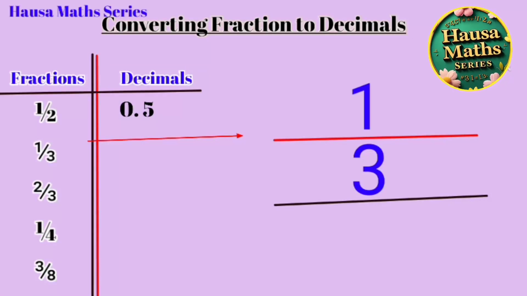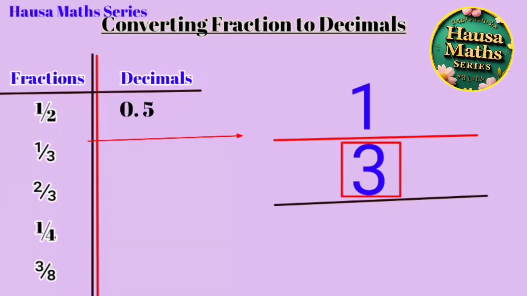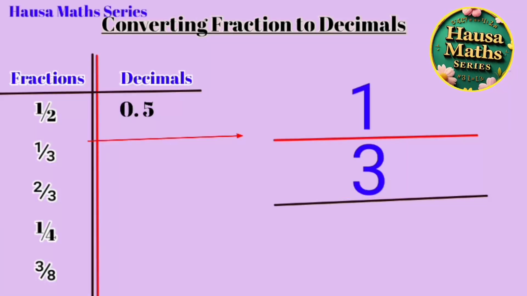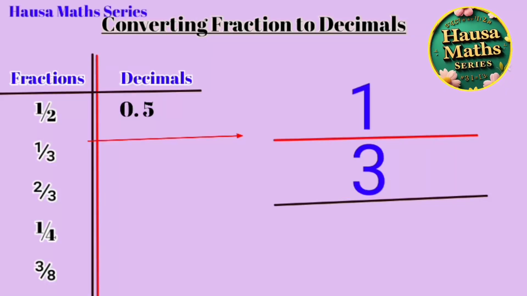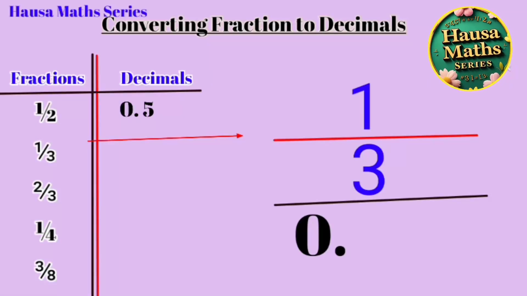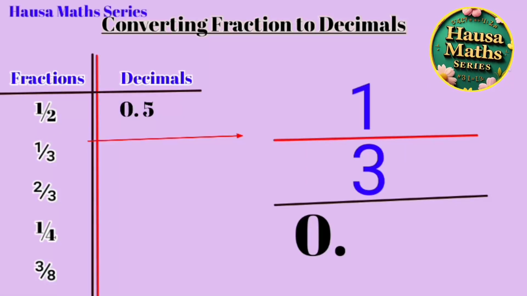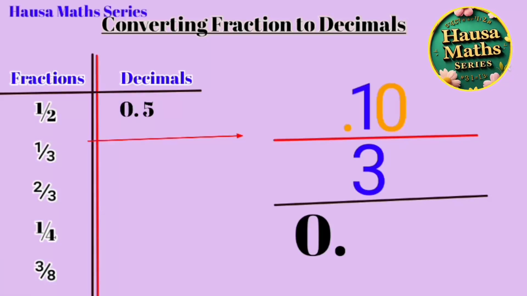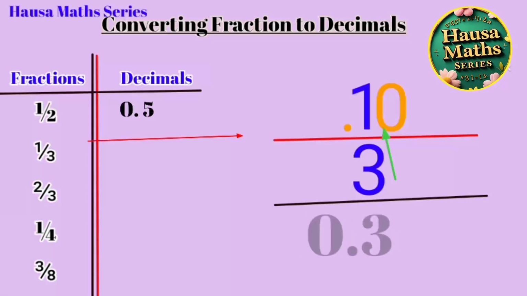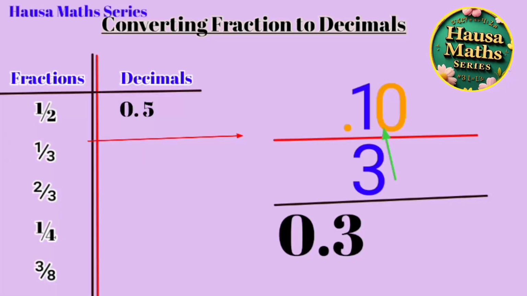Number 2, 1 over 3. When we divide 1 by 3, the answer is on the bottom. So we are going to use the same process. 3 in 1 is 0 point. It cannot go, so we are going to replace this one with 0.10 since we put this point. Now 3 in 10 we have 0.3.